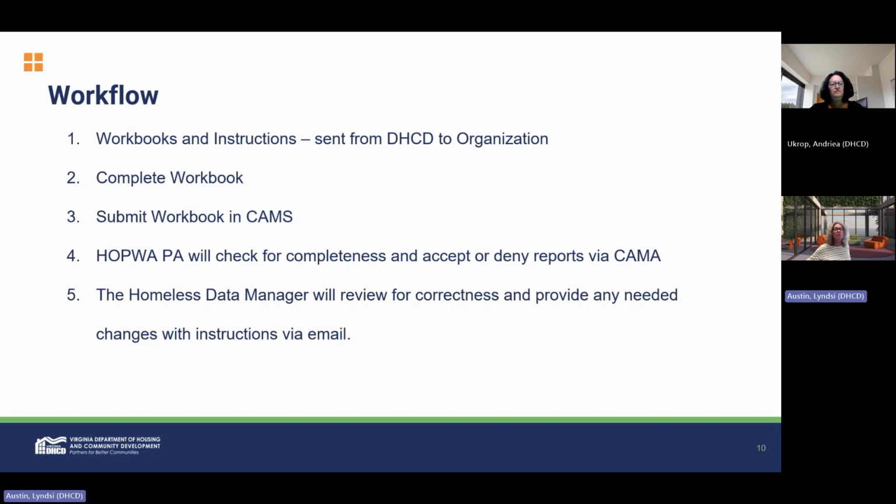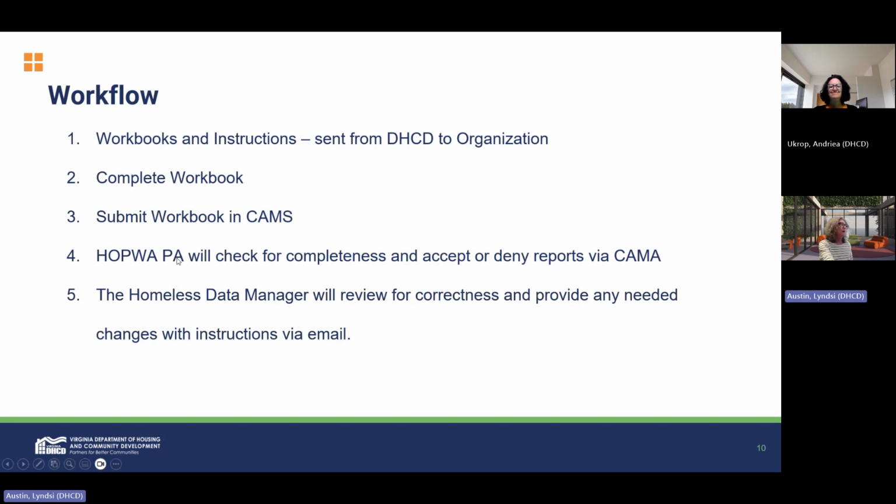So the workflow for these CAPER workbooks is that workbooks and instructions will be sent to you. You will complete the workbooks using the data from all the households that you have served from July 1st of 2025 through June 30th of 2026. They will be uploaded into CAMS by you.